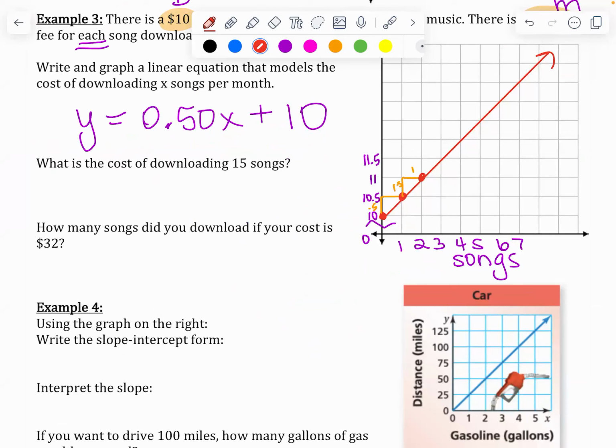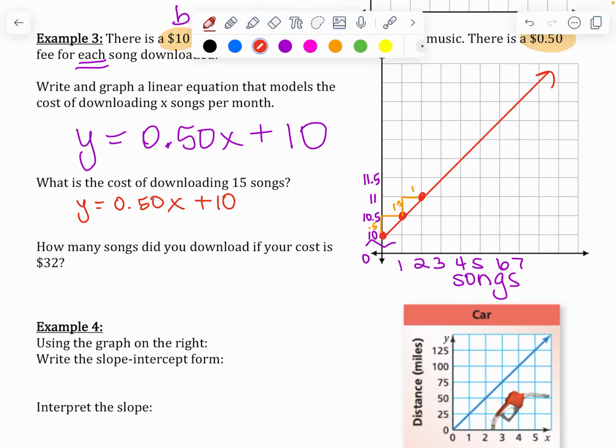Now, I'm going to save us a little bit of time, and we're not going to actually solve these out. But if I said, what is the cost of downloading 15 songs? Would we put 15 in for X or for Y? Does X represent songs or does Y represent songs?